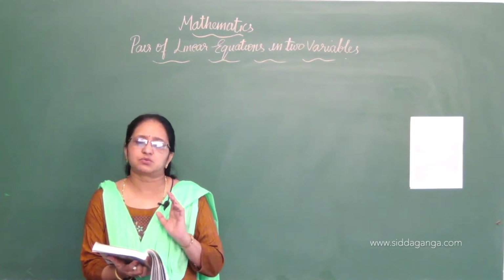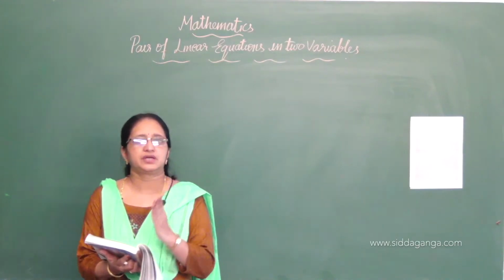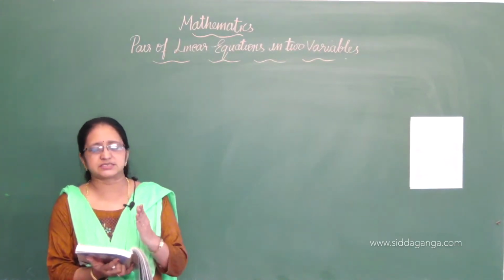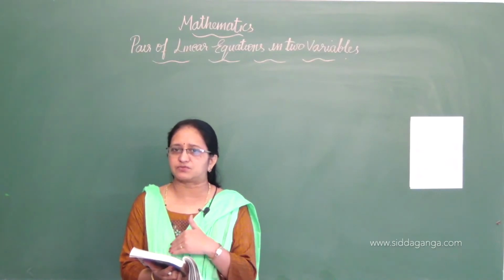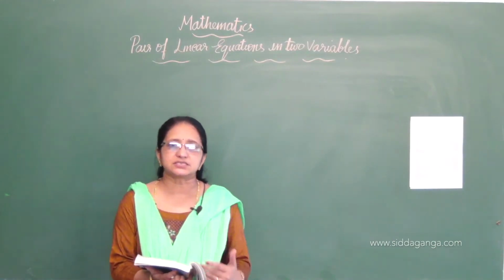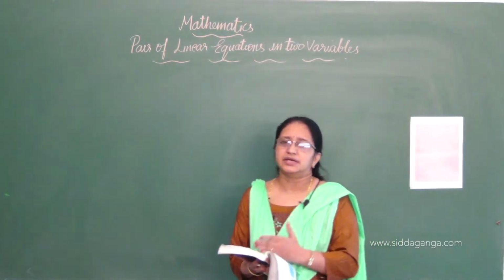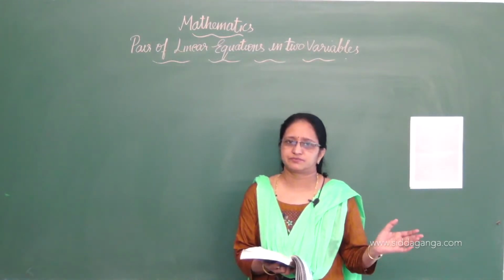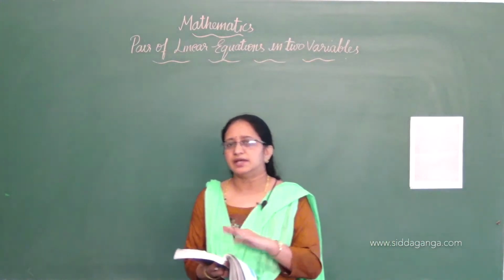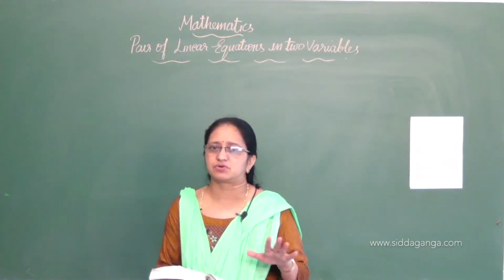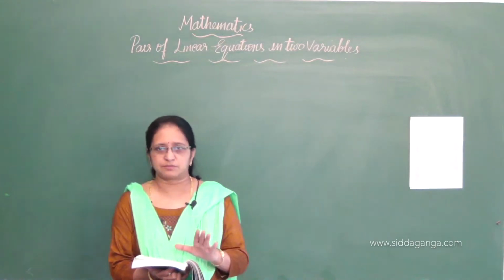Is it clear? So what we have to do is, first we have to check whether the given pair of linear equations is consistent or inconsistent. If it is consistent, then you have to plot the graph. If it is inconsistent, then you have to stop there, because we won't get any solution. I hope it is clear.